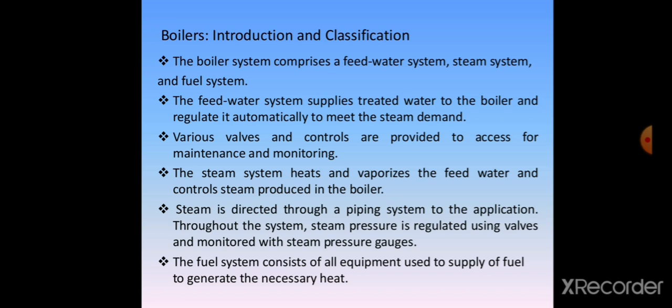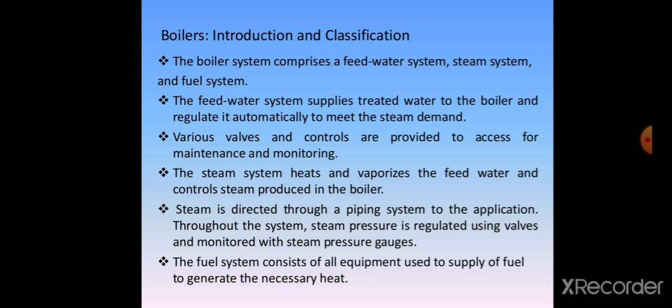Now this steam will be supplied to the next chamber, known as superheating of the steam, where steam gets heat beyond 100 degrees centigrade. So this process is known as superheating of steam, and after the superheating this steam is supplied to the desired destination. Okay, so this is the conversion process of water to superheated steam.